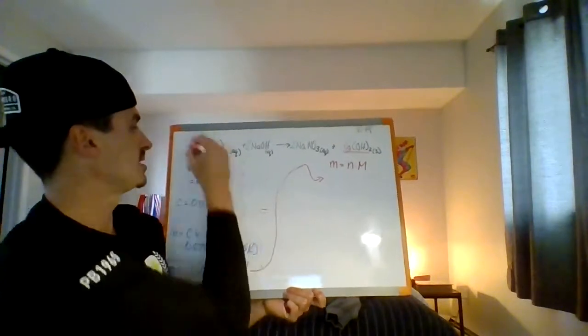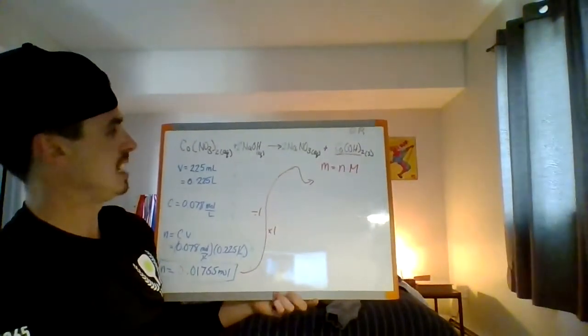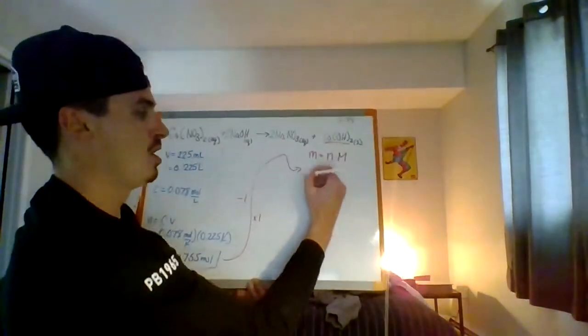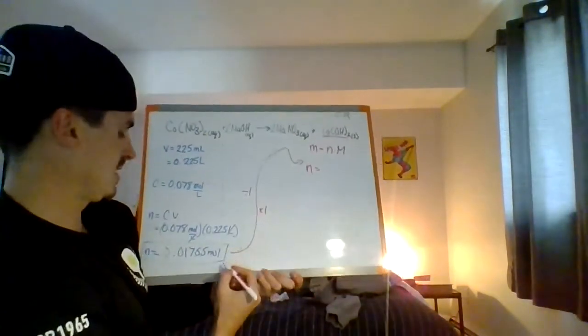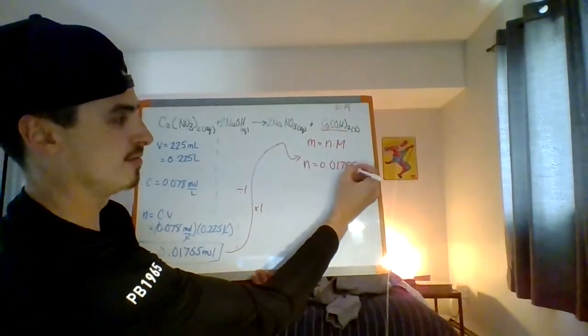I divide by where I start, 1, and I multiply by where I'm going, 1. That was pretty easy. So the moles of cobalt nitrate is the same, 0.01755.